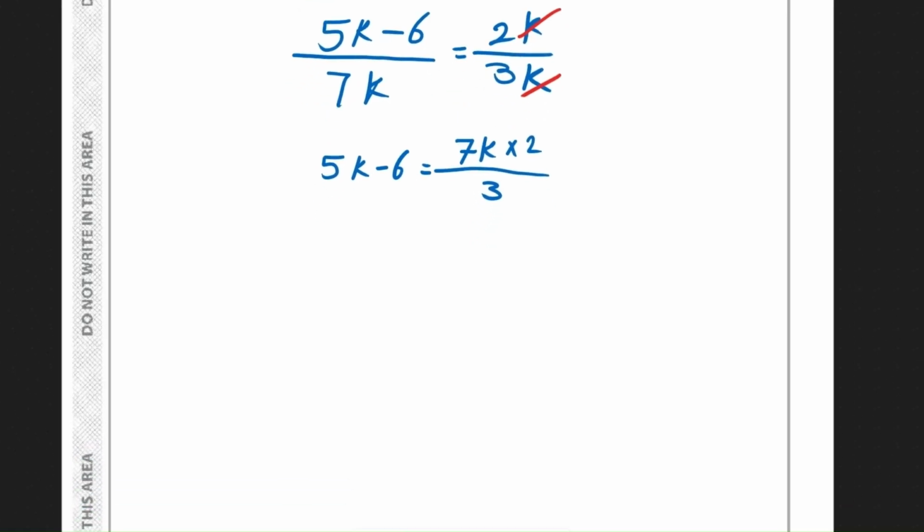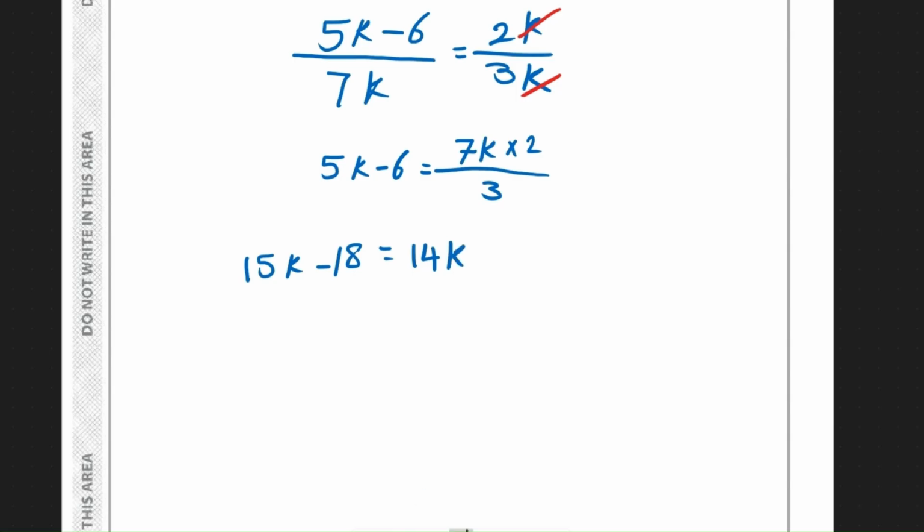Rearranging more, we bring 3 over to the other side as times. If it's divided, it goes to the other side as times. So 3 times 5k is 15k. 3 times 6 is minus 18, as we should multiply each term, equals 2 times 7, which is 14k.